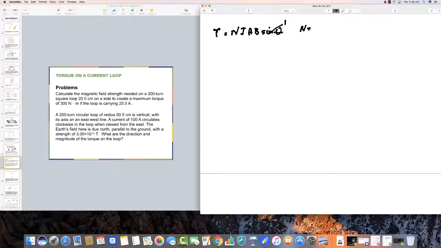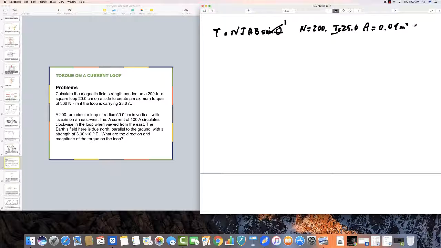And here N is 200. I is given at 25.0 amps. A is 0.2 times 0.2, or 0.04 meters squared.